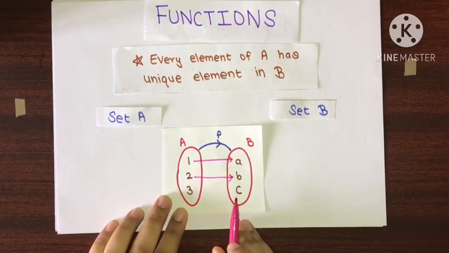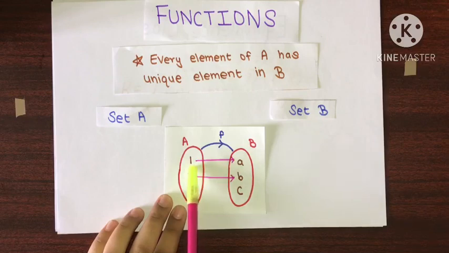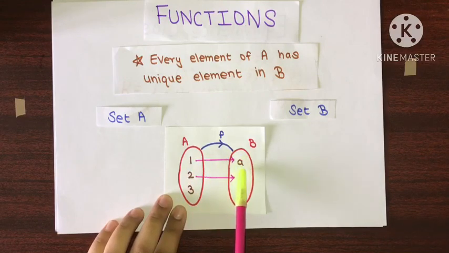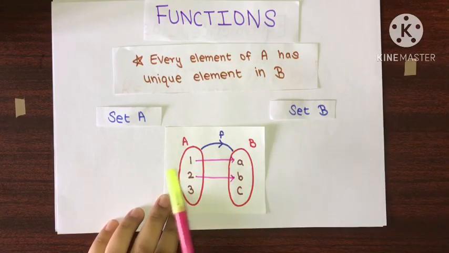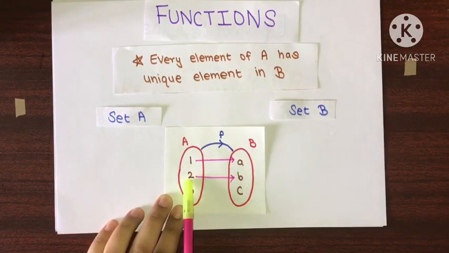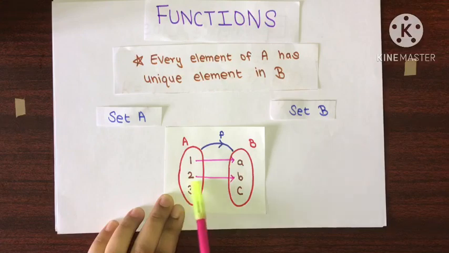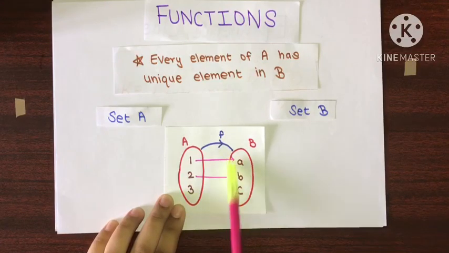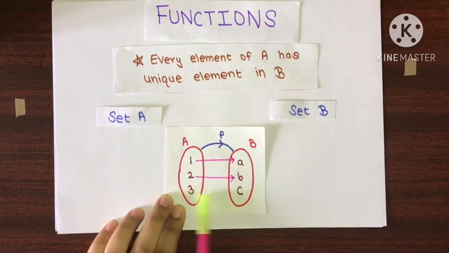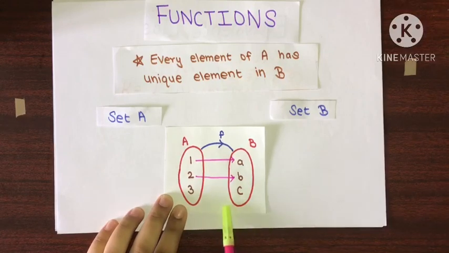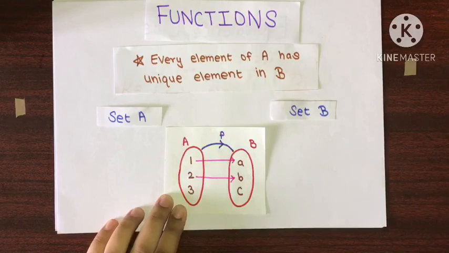In this scenario, this element of A has a unique element in B. Check. This element of A has a unique element in B. Check. But this element does not have any element in B. Look, there's nothing going there, no arrow. In this case, this is not a function. It doesn't satisfy the condition.